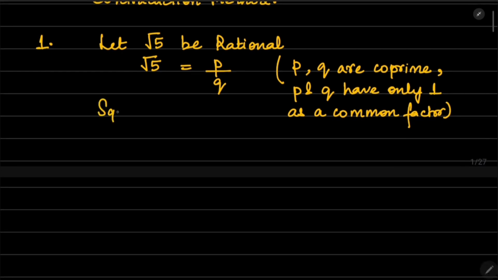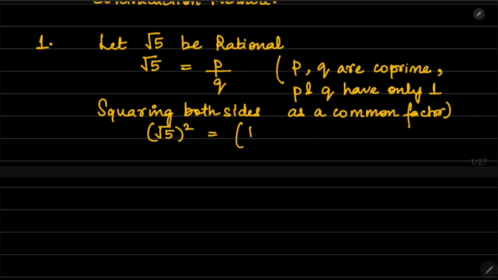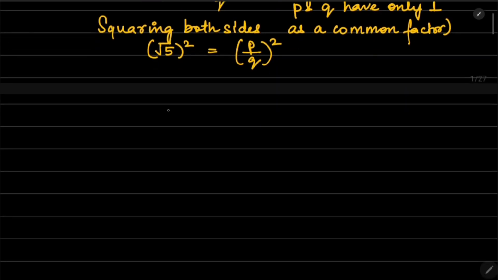The first thing that you have to do is squaring both the sides. So what do you get? Let's do it. Root 5 the whole square is equal to p by q the whole square. So what is root 5 the whole square? It is 5 equal to p square divided by q square, right?